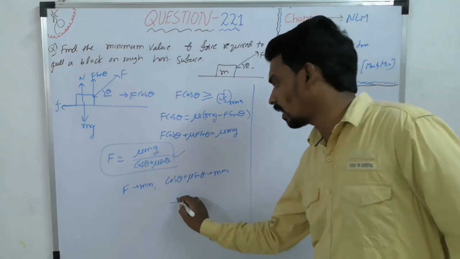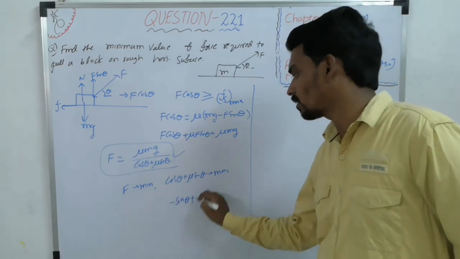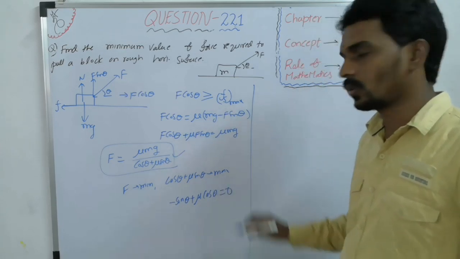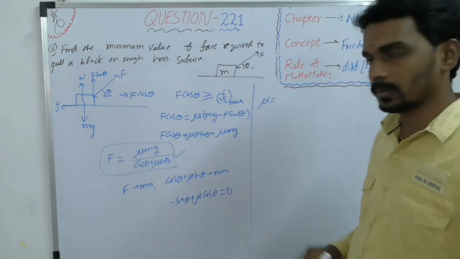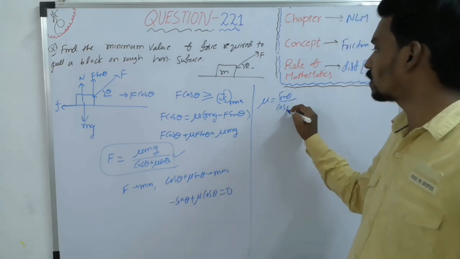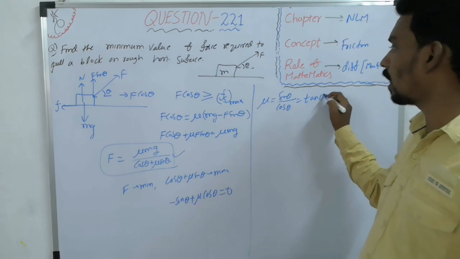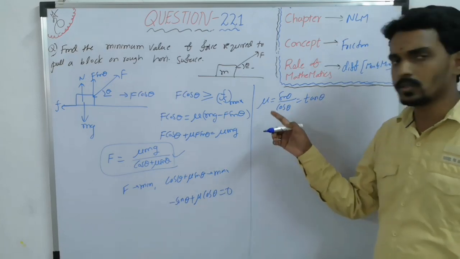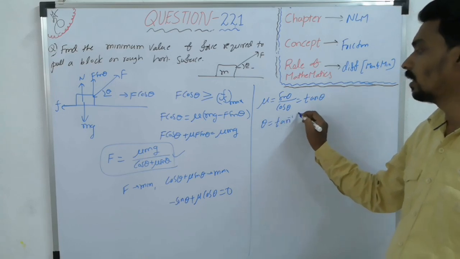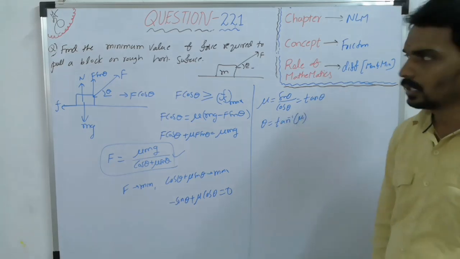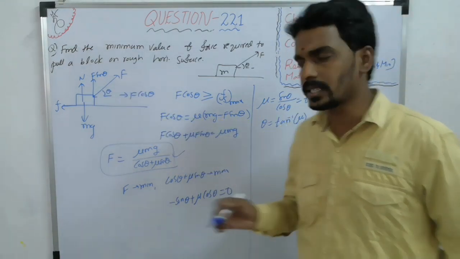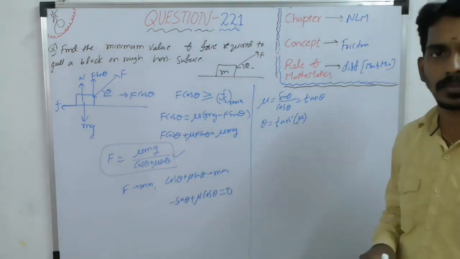Differentiation of cos theta gives minus sin theta, plus mu times the differentiation of sin, which is cos theta, and this should be 0. Then mu equals sin theta by cos theta, that is tan theta. So what should the theta value be? Theta equals tan inverse mu. So you have to apply the force such that the angle is exactly equal to tan inverse mu.